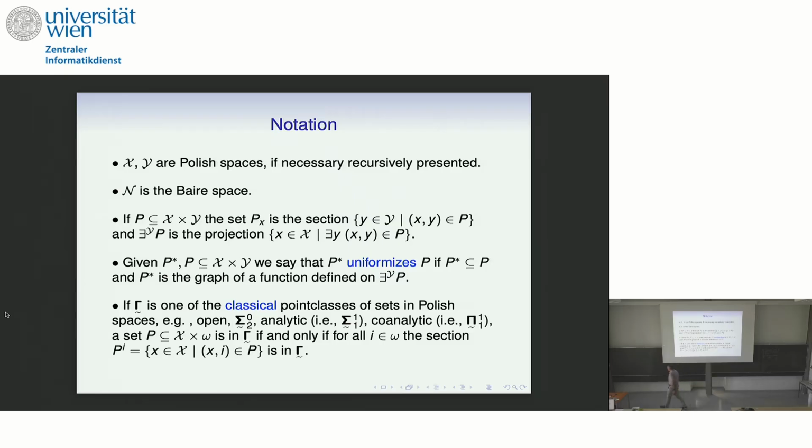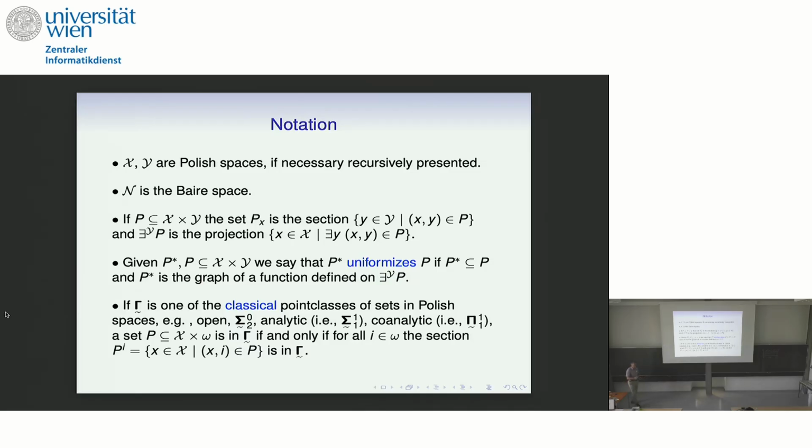Right, and further, if gamma is one of the classical point classes, boldface gamma, one of the classical point classes in Polish spaces, say open sets, sigma 0 2, analytic, you name it, we're going to consider sets which are subsets of X times omega.